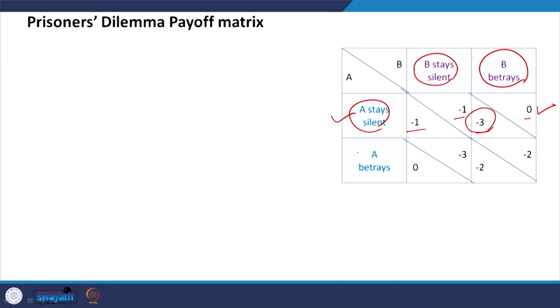Now if you are looking at the alternatives for A, in case A is betraying and B is remaining silent, the payoff is as follows. A is betraying, which means he will be getting no sentence, so he will be out of prison, and B is remaining silent, which means he cannot actually defend whether he has done the crime or not.